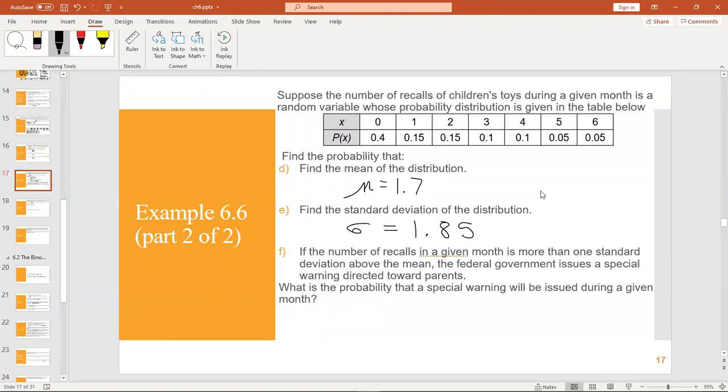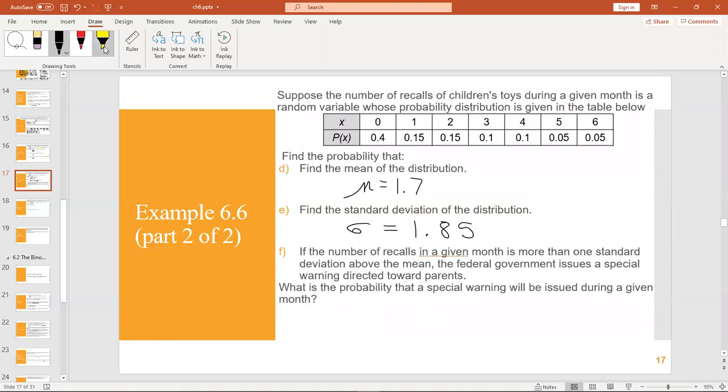If the number of recalls in a given month is more than 1 standard deviation above the mean, the federal government issues a special warning directed toward parents. Oh, isn't that fun? All right, so what is the probability that a special warning will be issued?